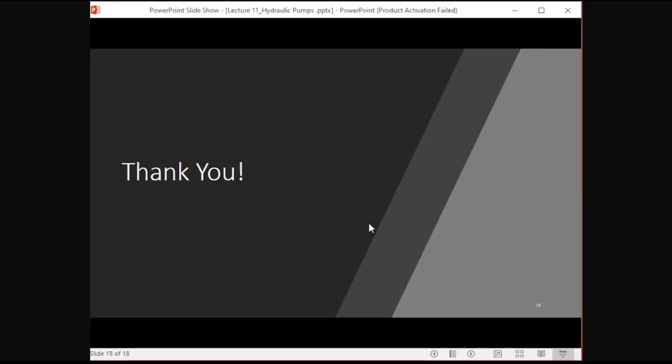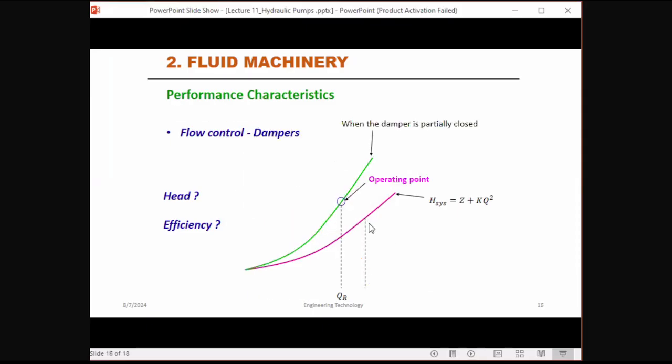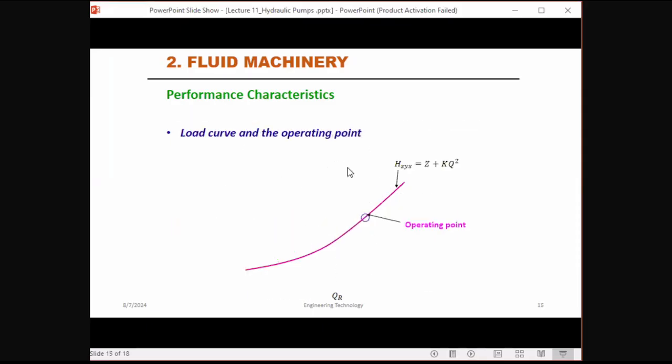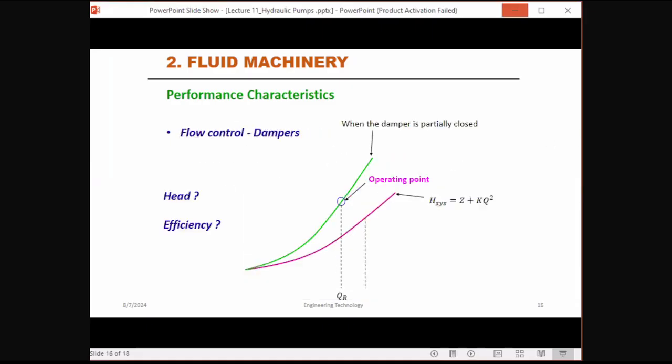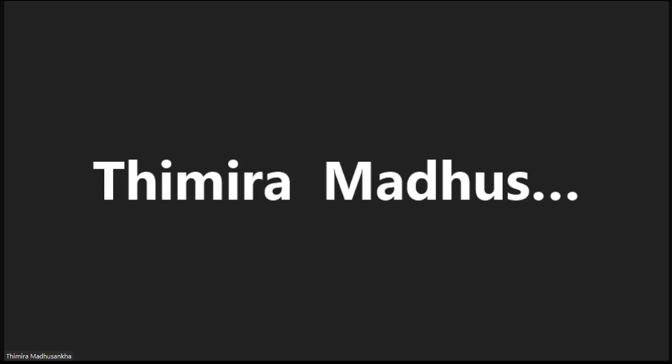Okay, we will try to do some examples. I will share one PDF through chat.